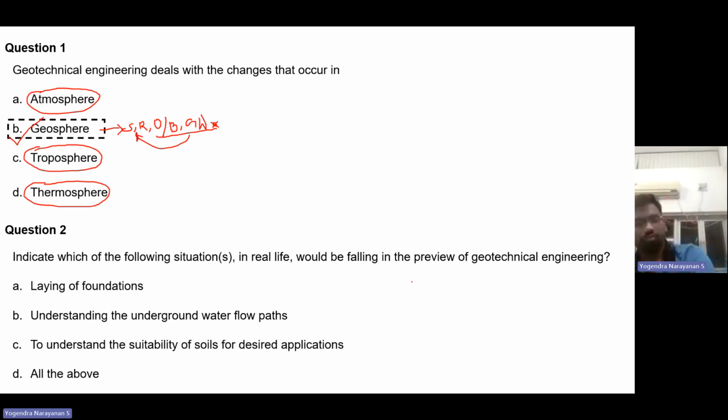Because as you know, laying of foundations for buildings is of utmost importance, and laying suitable and reliable foundations requires a deep understanding of the behavior of soil beneath, for which a substantial part of the project budget is utilized for soil exploration and the understanding of the subsurface. So obviously, laying a foundation comes into picture.